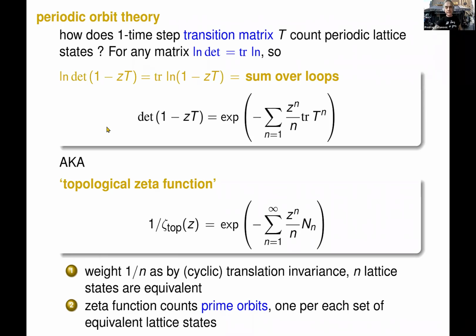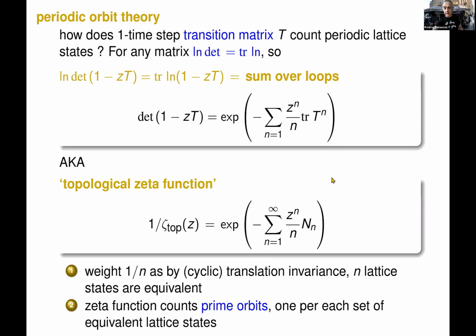Basically, what the generating function says is if I take a logarithm of a determinant, I can write it as a trace of the logarithm for any matrix. But this rewrites volume in terms of traces, meaning loops. That brings in what's called a zeta function. So the determinant of my operator that's generating stuff can be written as a sum of traces.